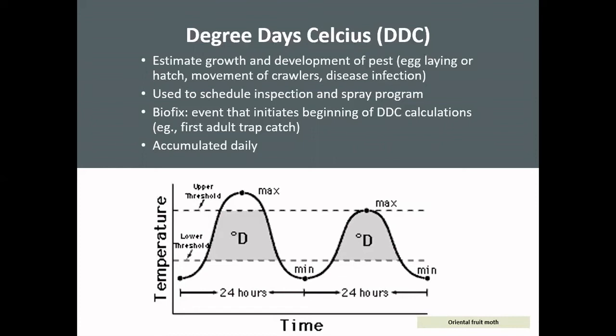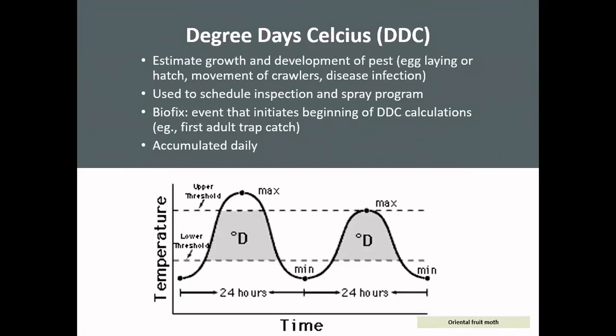So I've touched a number of times on degree day models, and I thought I would just spend a moment to define what exactly this is. So most pests have a temperature range in which they develop. Anything below that, which is known as the base temperature, or anything above that range, and growth does not happen.